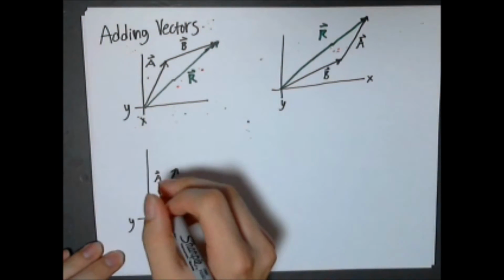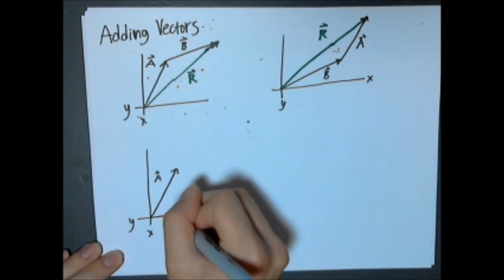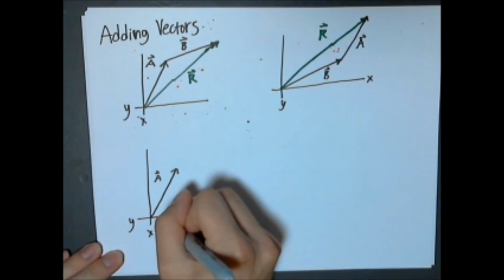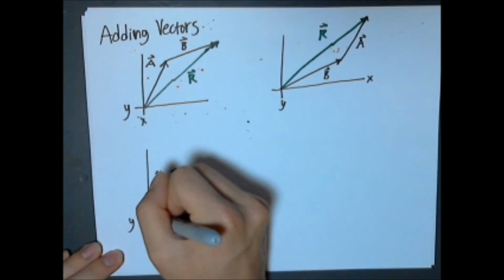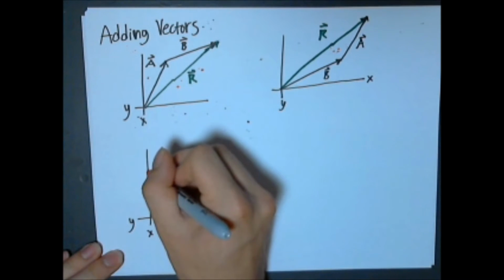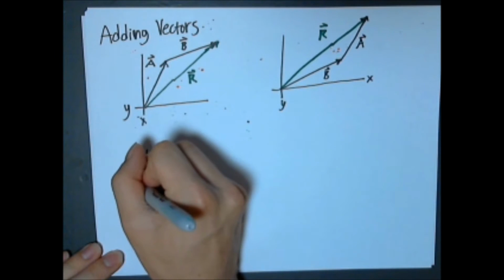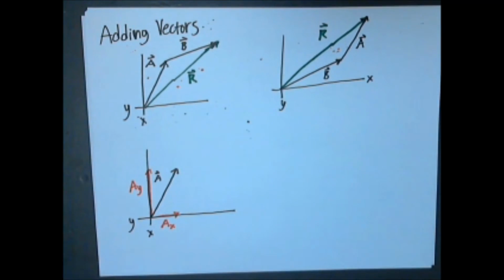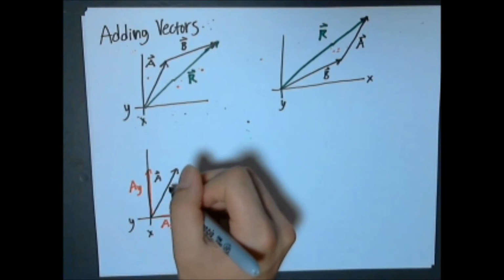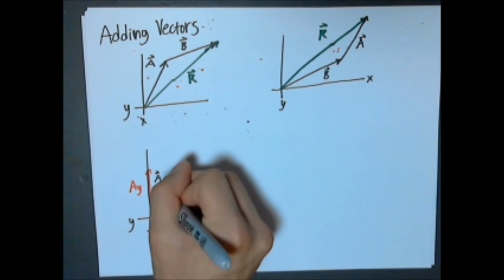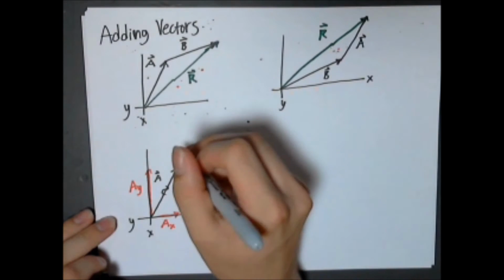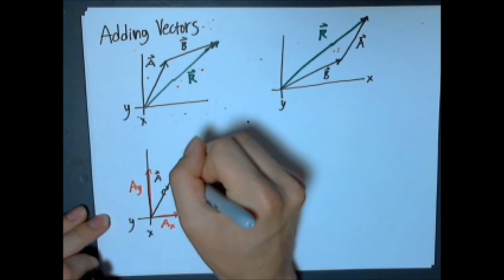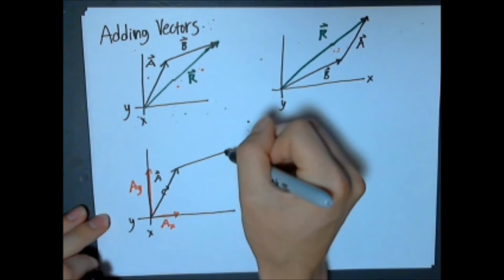So we have, as you saw before, A sub x here, and then parallel to the x-axis this time, A sub y here. And normally when we resolve vectors into components, we draw a backwards S through the vector to remind ourselves that we resolved into components.